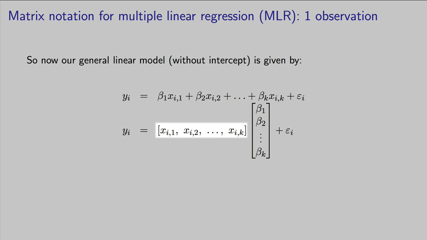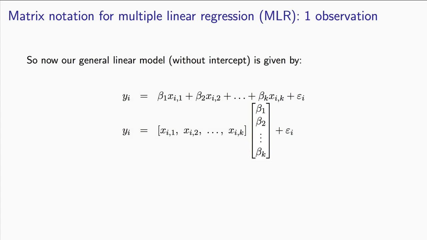Here we have a vector x and a vector beta, and this is for the ith observation. So we collect our vector x, the input data, and the vector beta, and we multiply them using regular matrix multiplication. Add the epsilon value to the end, and then we get our yi value. There are k values of x multiplied by their corresponding k coefficients of beta, and we add those up to get our single y value.